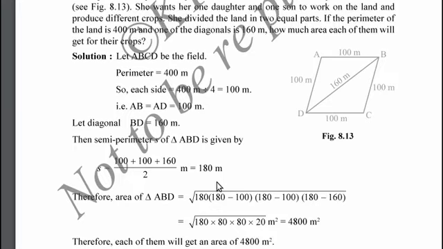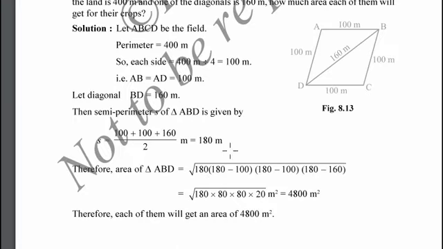Then we will apply the Heron's formula. S into S minus length of AB into S minus length of AD into S minus length of BD. After simplifying this, we will get the area of triangle ABD is equals to 4,800 meter square.